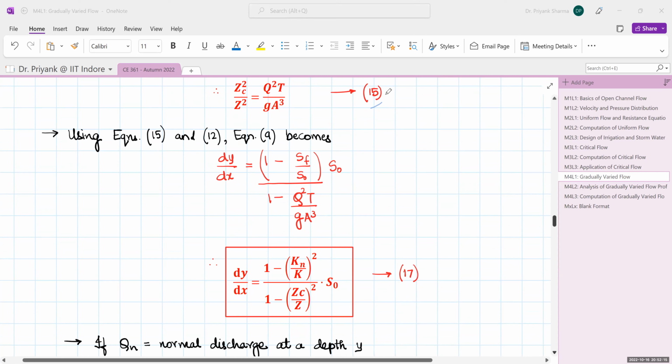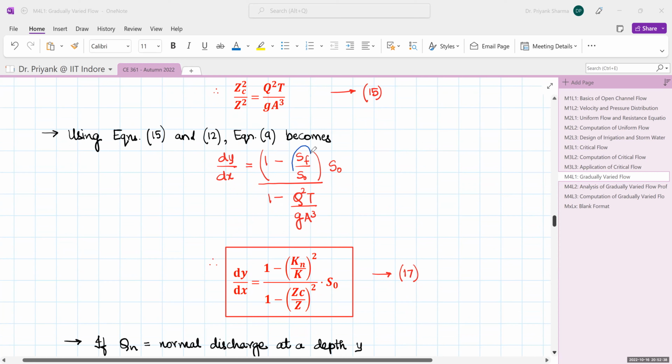There we had equation 12. Now let us use both 15 and 12, and we substitute in equation 9. It was S naught minus SF, so we are taking S naught common, or dividing the numerator by S naught, so it becomes 1 minus SF by S naught into S naught, and the denominator is 1 minus Q square T upon gA cube.